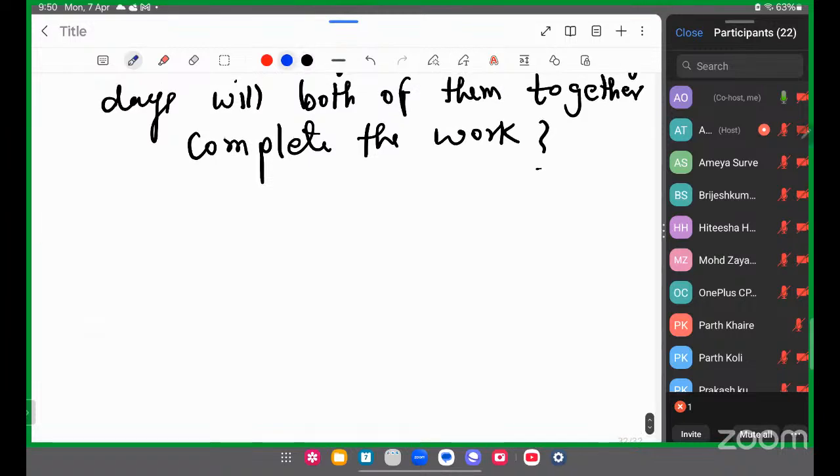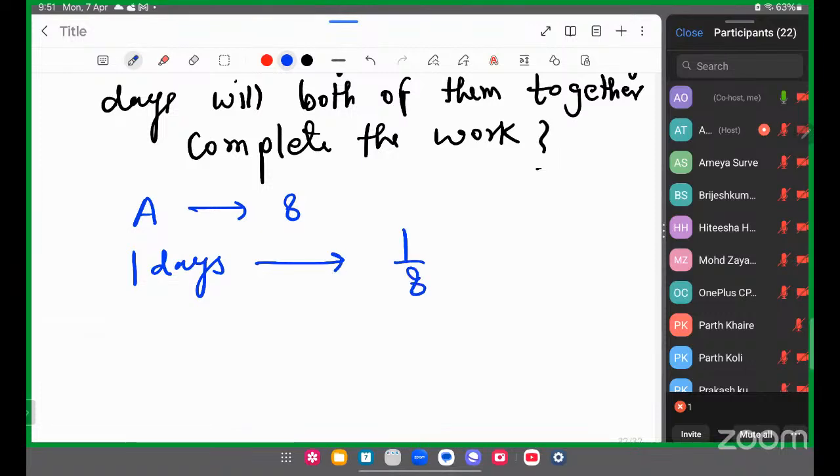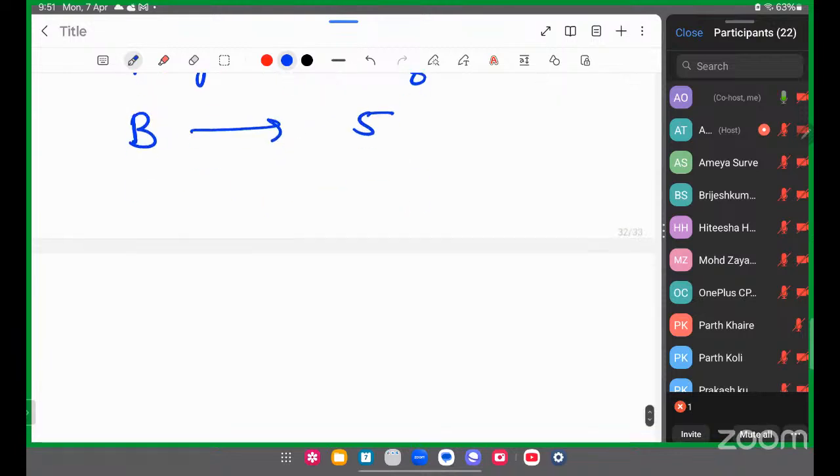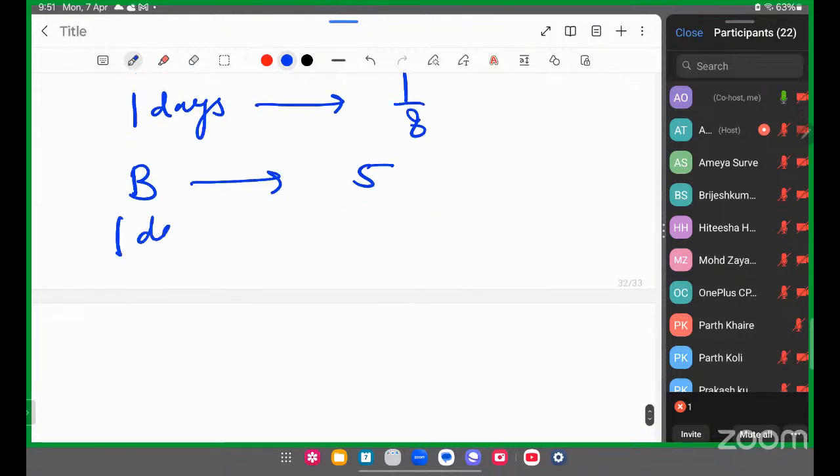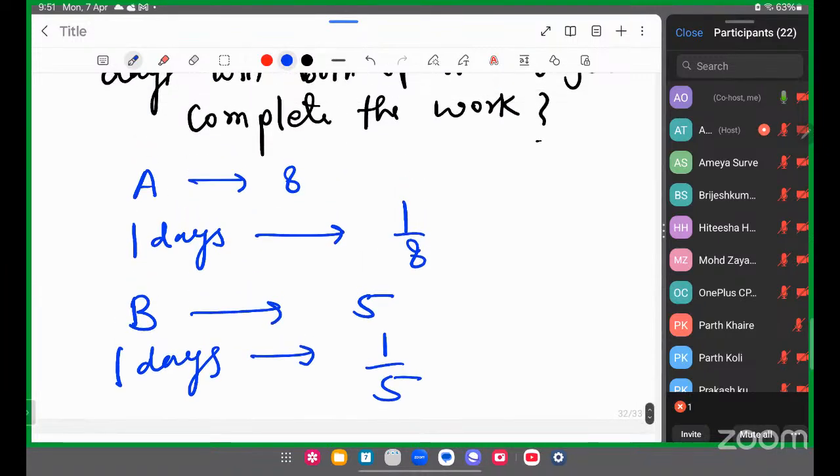So we can solve it as: A completes the work in 8 days, so 1 day's work will be 1 by 8. B completes the work in 5 days, so 1 day's work for B will be 1 by 5. This indicates that B is more efficient than worker A.